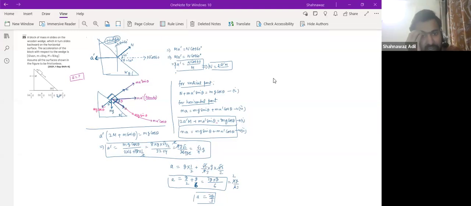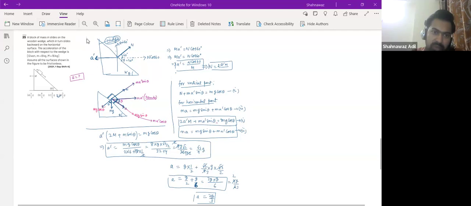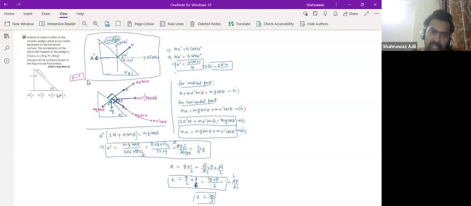Okay, rest of you guys, please note it down. And if you guys still have some doubts, please tell me. So this uses the same idea, but this part was important because if we don't know what this A prime is, or if we don't know what this normal reaction is, then we won't be able to solve this.